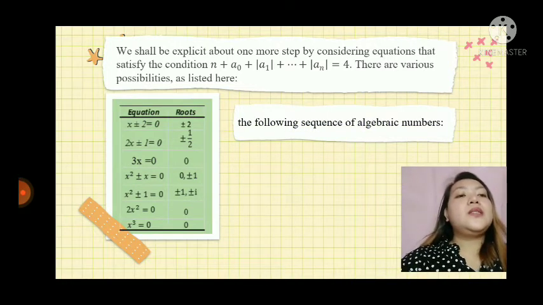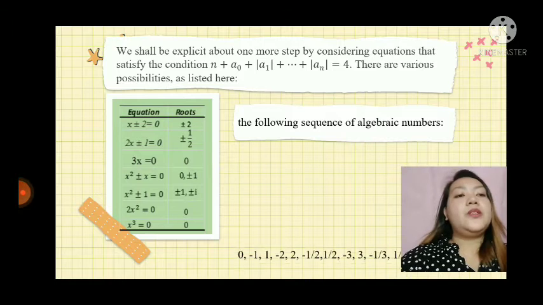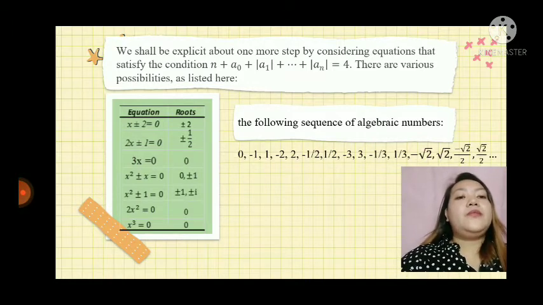The following is the sequence of algebraic numbers: 0, negative 1, 1, negative 2, 2, negative 1 half, 1 half, negative 3, 3, negative 1 third, 1 third, negative square root of 2, positive square root of 2, negative square root of 2 over 2, and positive square root of 2 over 2.